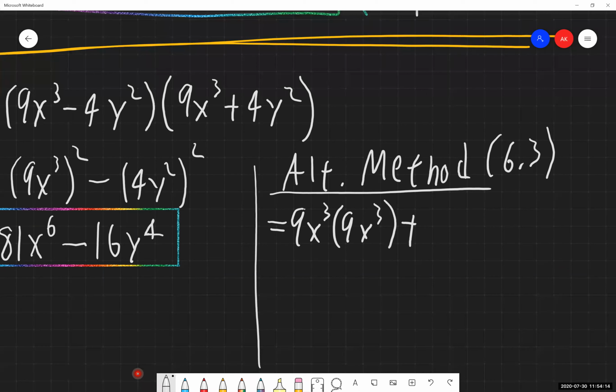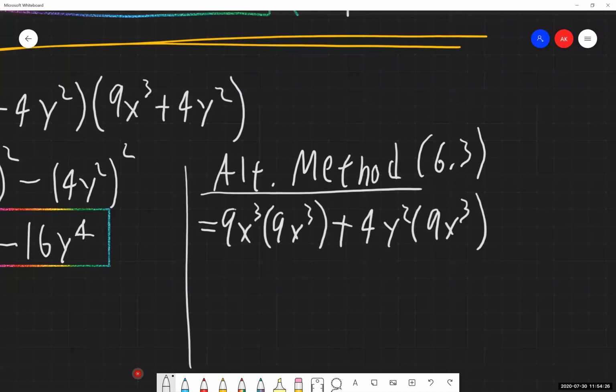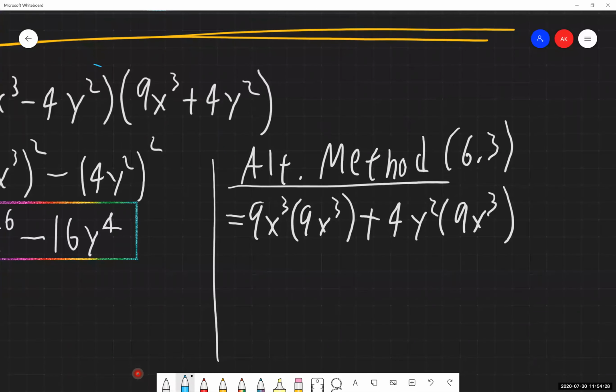So just distributing that 9x cubed to every term in the second polynomial. And then distributing the second term from the first polynomial through to every term in the second polynomial.